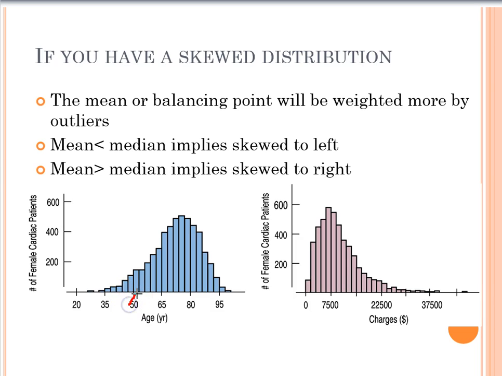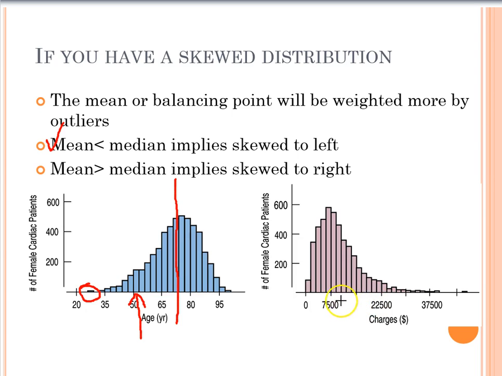And the reason for this is because that balancing point of the mean has to keep weighing those observations that fall in that left tail, where the median doesn't take into consideration how far away observations are, and so it still splits the data 50-50. And so when the data is skewed to the left, the mean is going to be less than the median.